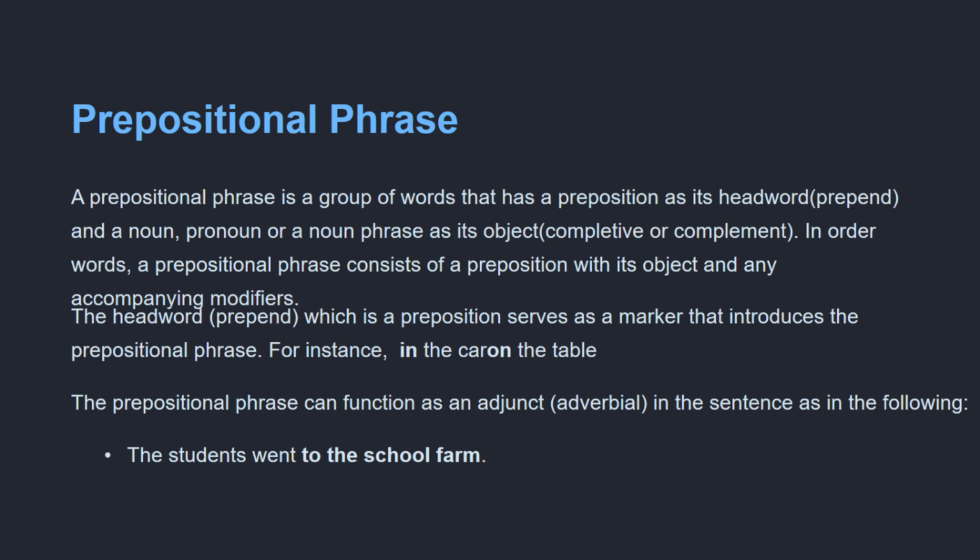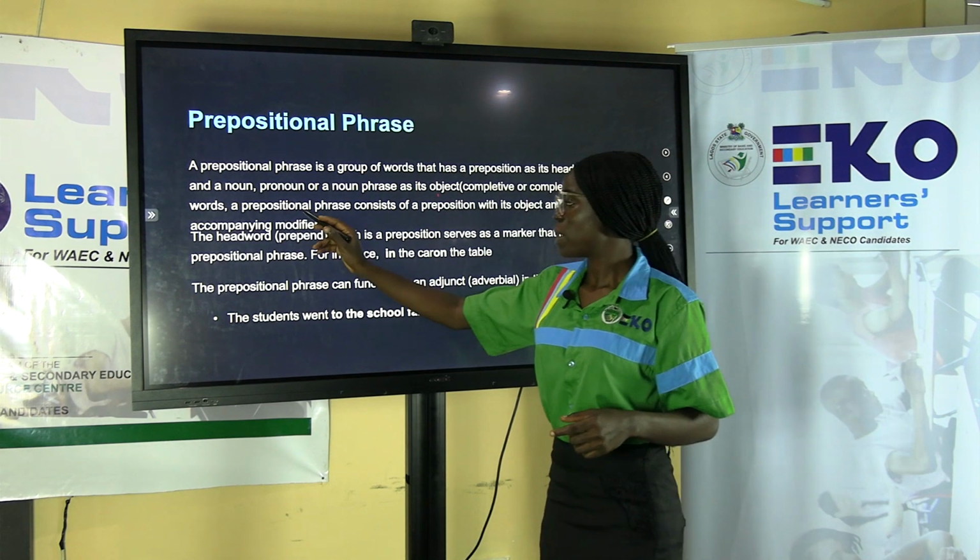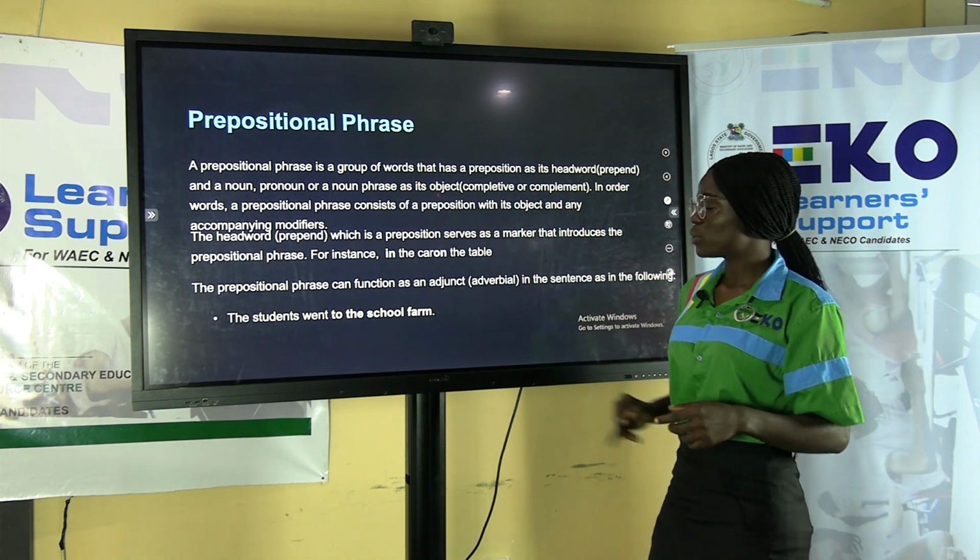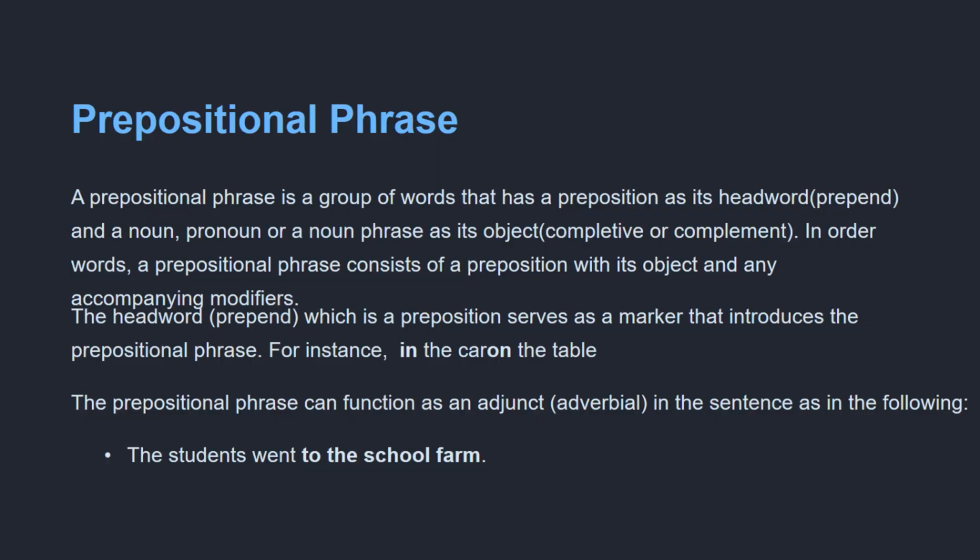Head word means the particular word that introduces the phrase you are referring to. It has the preposition as the head word and a noun, pronoun, or a noun phrase as its object. In other words, a prepositional phrase consists of a preposition with its object and any accompanying modifiers.